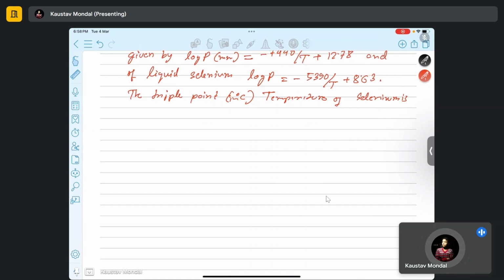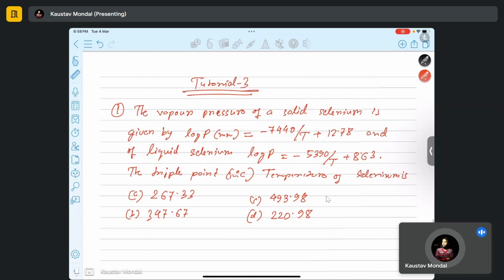Option A 267.33, option B 347.67, option C 493.98, option D 220.98. Okay, so these are the four options given.